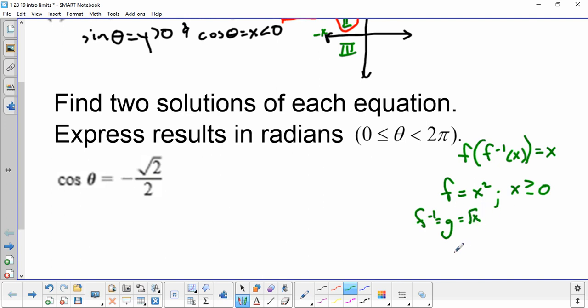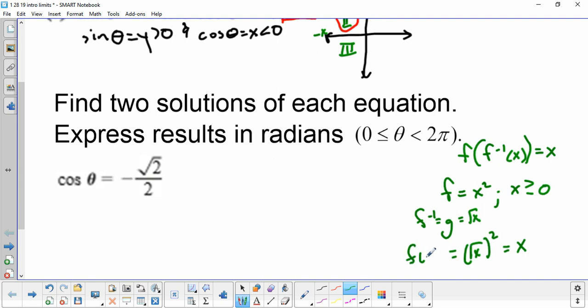The reason they're inverses of each other is that when you compose the square root of x inside of x squared, it's going to equal x. It cancels out. So we have the square root of x, squared, which equals x. That's what we have when we compose those two together, f composed with g.